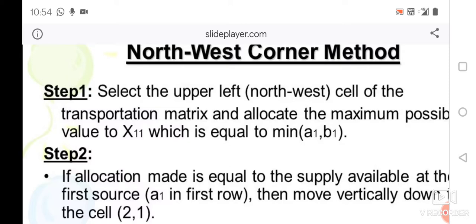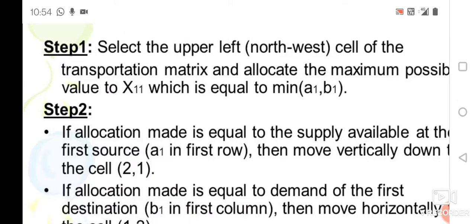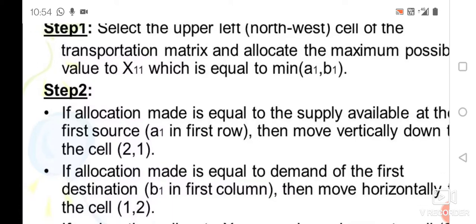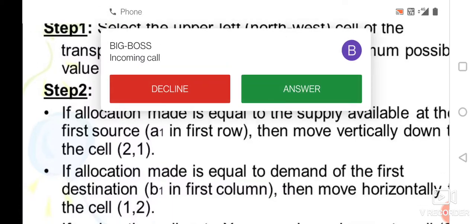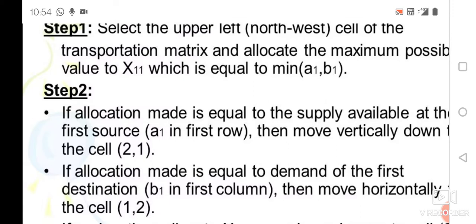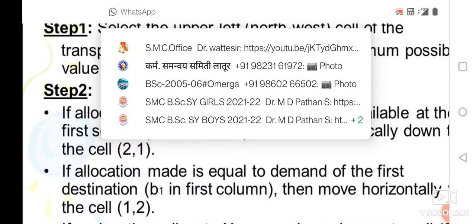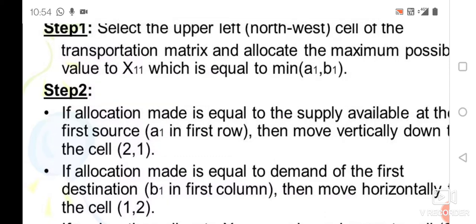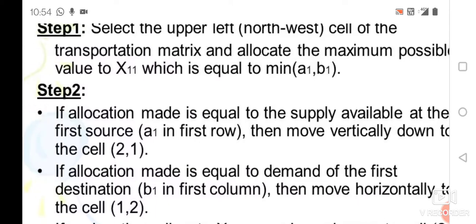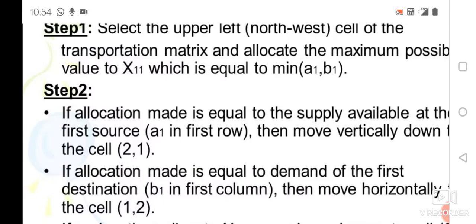Second step: if the allocation made is equal to the supply available at the first resource, that means a1, the first row, then move vertically down to cell 2 1.